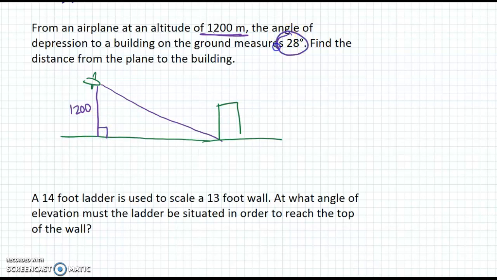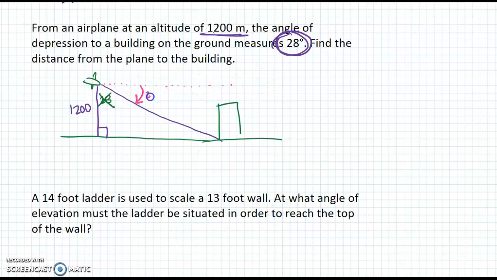Now the angle of depression. A lot of times people want to say that this is the angle of depression because that's the angle inside your right triangle. That is incorrect. Your angle of depression has to measure from a horizontal down. So there's an imaginary horizontal line level with the airplane.